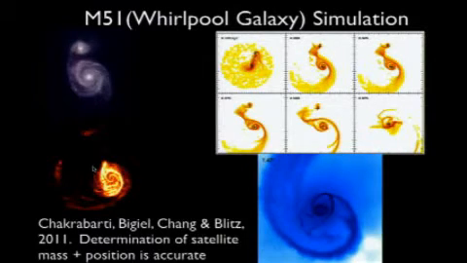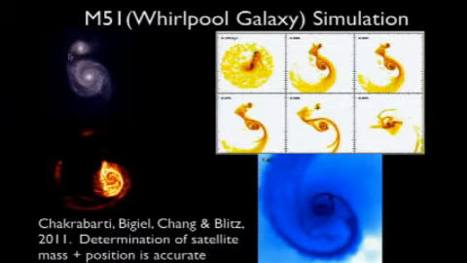By fitting to the Fourier amplitudes of the data and comparing to a set of simulations, we were able to accurately determine the mass of the M51 satellite and where it is. I marked with crosses here the location of the center of the galaxy and the satellite. At the time when we had the best fit to the Fourier amplitudes, the satellite sits close to the tip of the short arm, as it does in the real galaxy.